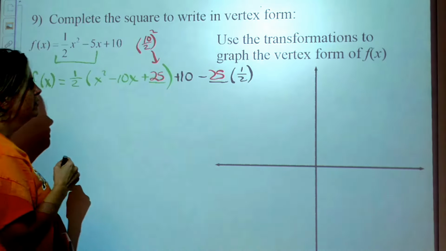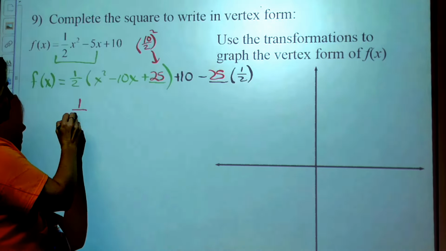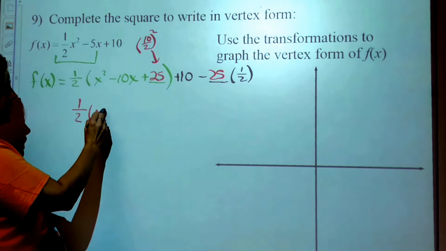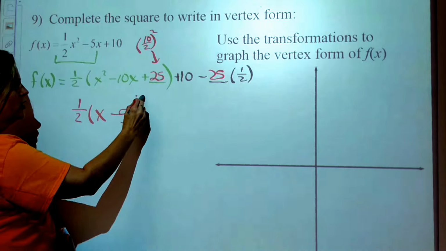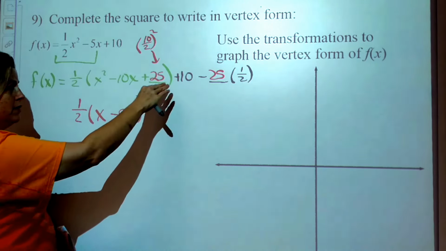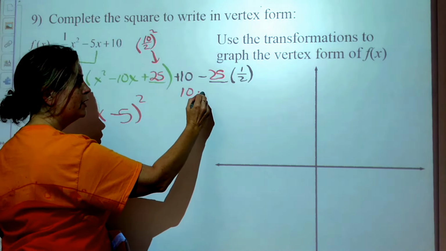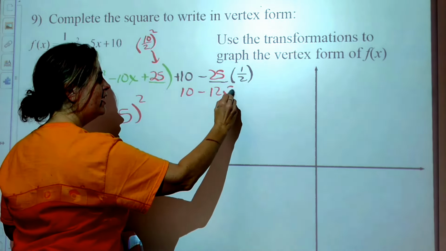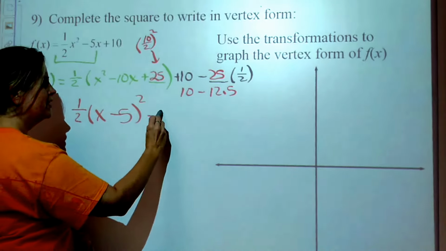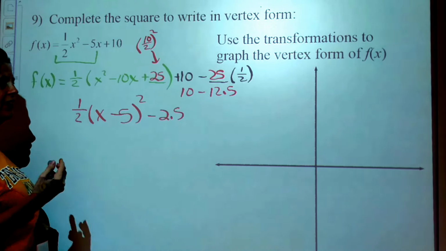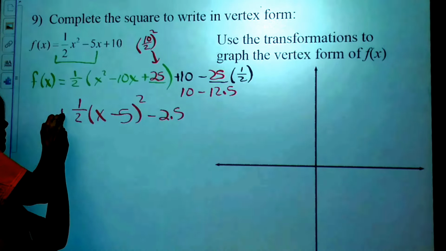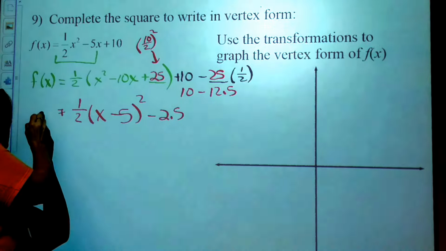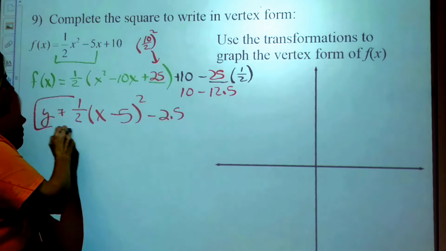When you factor now, you're going to get x minus 5, quantity squared. Out here you've got 10 minus half of 25, which is 12.5. So that winds up being a negative 2.5 or a negative 5/2. And this is your vertex form.